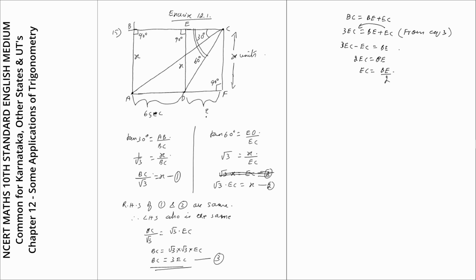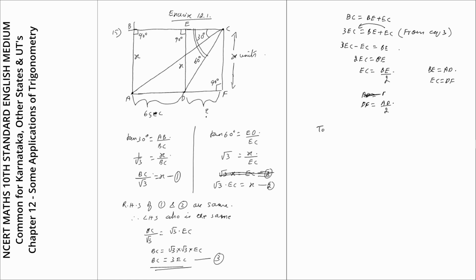Now in the diagram you can check BE is also equal to AD, and EC is also equal to DF. So EC is equal to BE by 2. That means DF is equal to AD by 2.